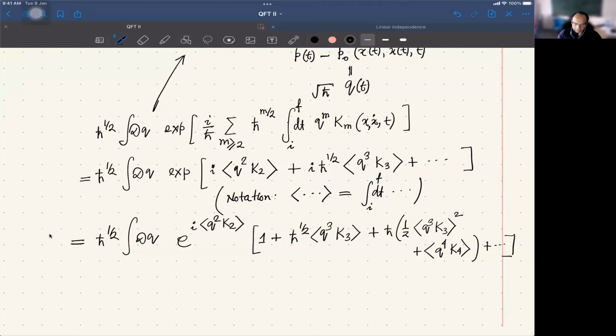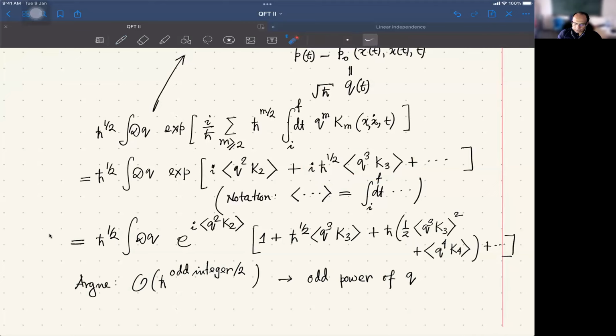But you can give a general argument that at order ħ to the power odd integer by 2, you should get an odd power of q. Now, if you have an odd power of q in this integral, the integral is symmetric. q goes over the negative and positive side in symmetric fashion.